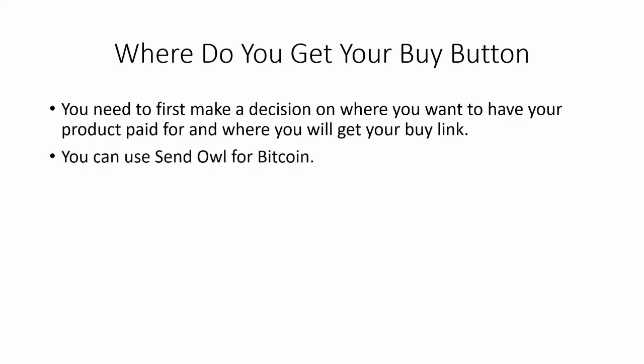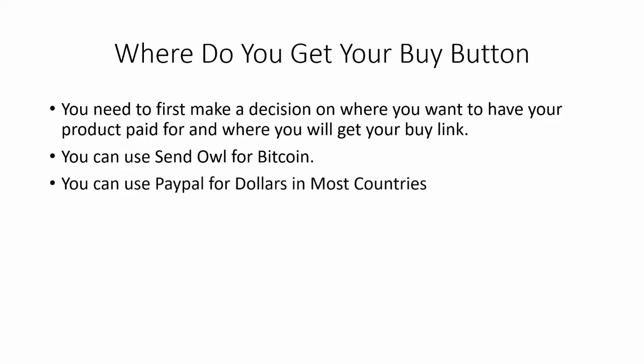For example, and we're not going over it in this session, but you can set up something like SendOwl if you want to take Bitcoin, right? So let's say that you don't want to take dollars, you want to take Bitcoin or some other cryptocurrency. You can do that on SendOwl. You can also, of course, use PayPal for dollars from most countries.